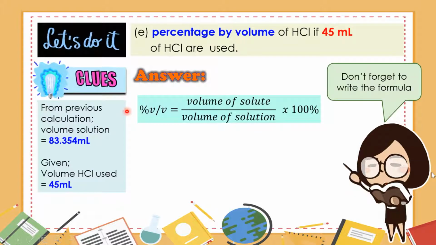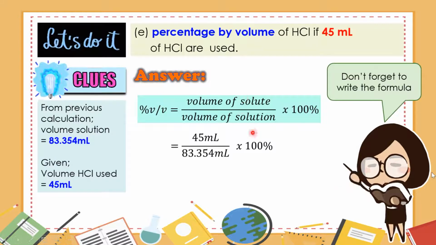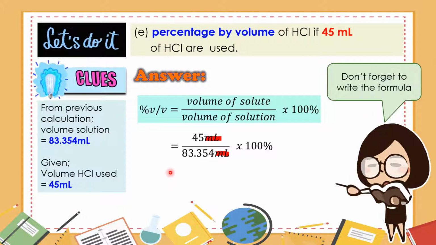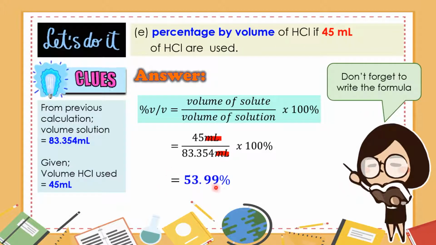First of all, write the formula. Don't forget to write the formula. Next, substitute all the values. You can cancel out the unit of ml. The percentage by volume of HCl is equal to 53.99%.